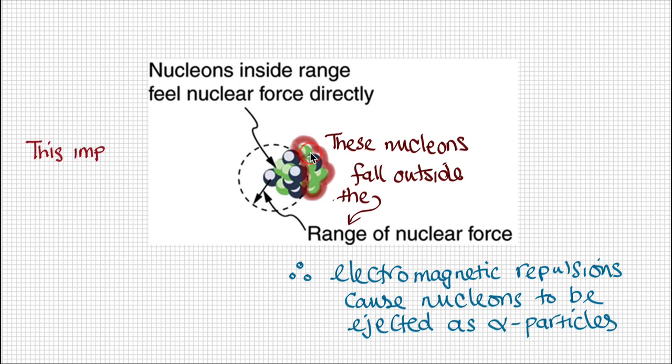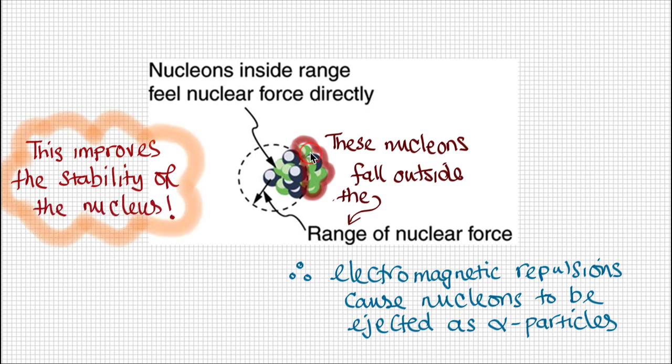But in conclusion, by losing this mass, the nucleon mass, that tends to decrease the radius of the nucleus, eventually bringing it back to within the strong nuclear force range, and hence it improves the stability of the nucleus.